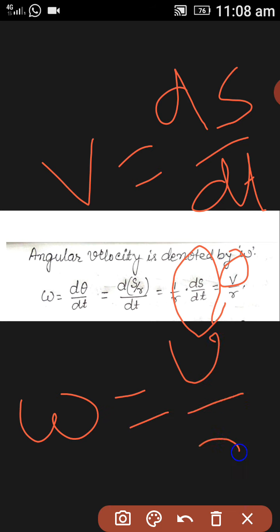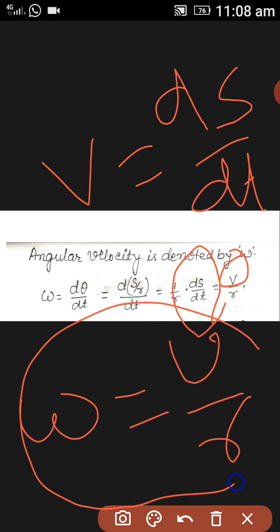So here v is equal to ds by dt. Hence, we have the relation omega is equal to v by r. This is the relation, and this is the bridge. We go from angular to linear velocity and linear velocity to angular velocity.